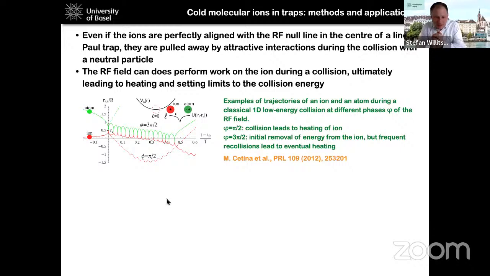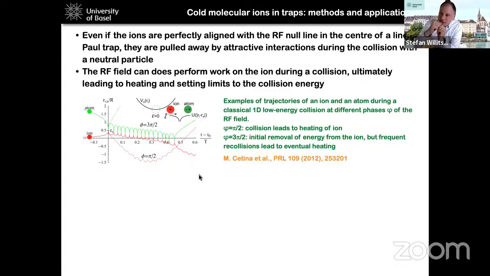The micromotion still starts to play a role because, as first discussed in this seminal paper from Vladan Willitsch's group, even if the ion is placed on the RF null line, when some neutral particle approaches the ion, the interaction between these two particles starts to pull the ion away from the RF null line. And in that case, it assumes micromotion again, even if the micromotion was perfectly compensated to begin with.